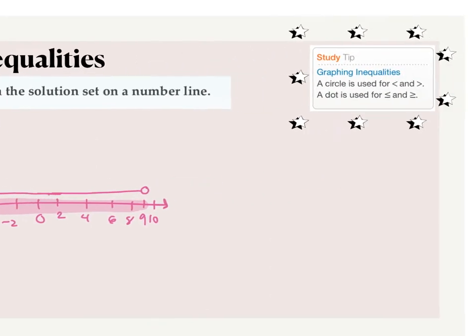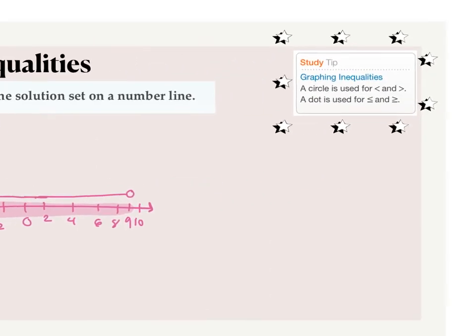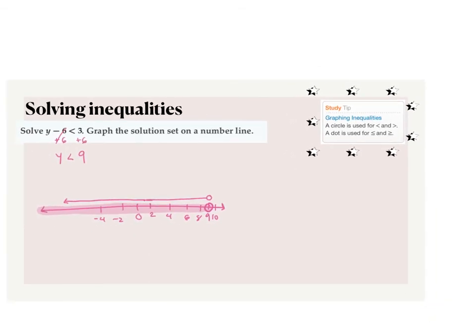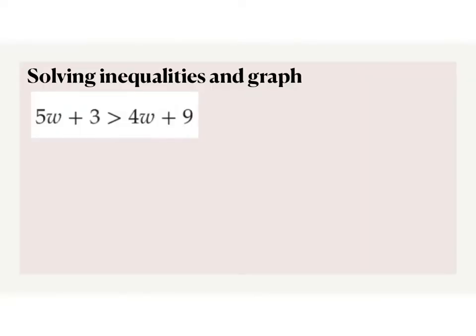So we would see on this little study tip here, a circle is used for less than or greater than, and a dot is used for less than or equal to or greater than or equal to. So that's why we put the circle here, because we're not including that 9. Any questions here? All right, let's look at the next one.